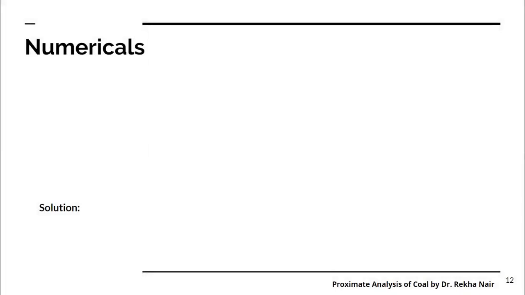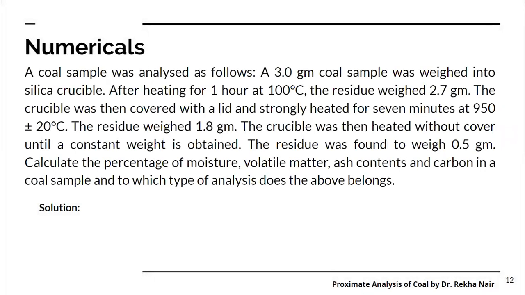Let us take one numerical to understand the proximate analysis and its calculations. A coal sample was analyzed as follows. A 3-gram coal sample was weighed into a silica crucible. The initial weight of the coal is W1 gram, that is 3 gram.